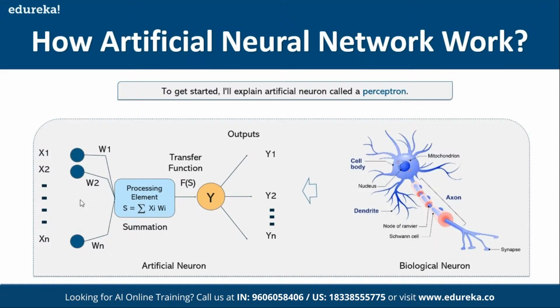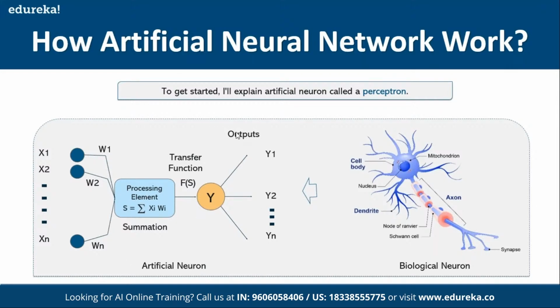We have our input layer: x1, x2, x3, xn are all our inputs. Then we have a processing element where all the inputs arrive based on the weight. So what is the weight? We will talk about it. The factor of importance that we give is a weight. Basically the input with weight becomes your processing.